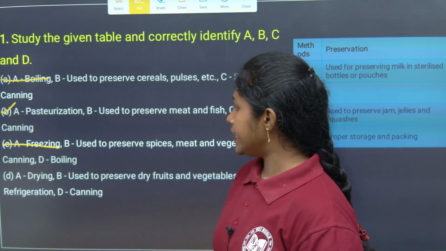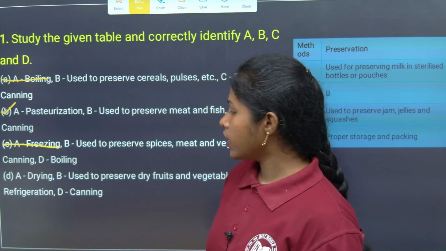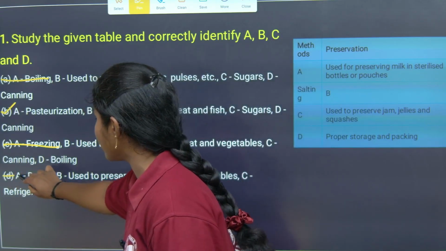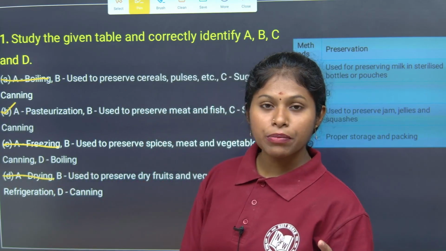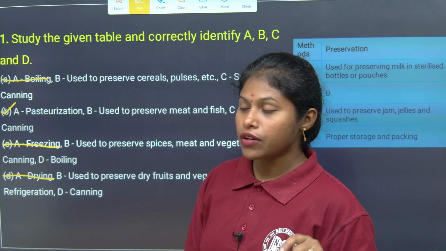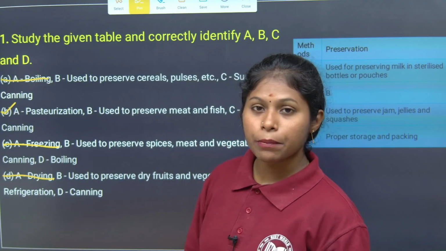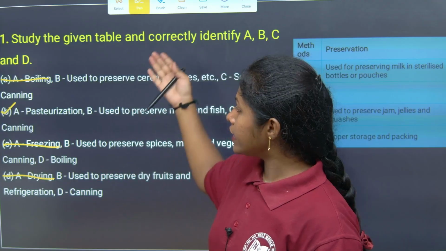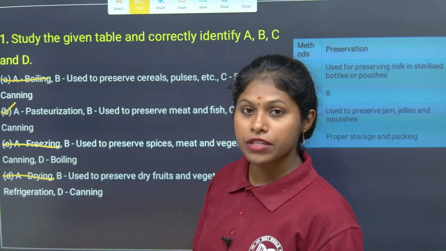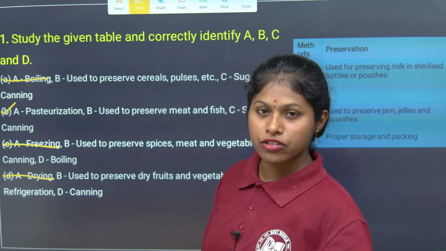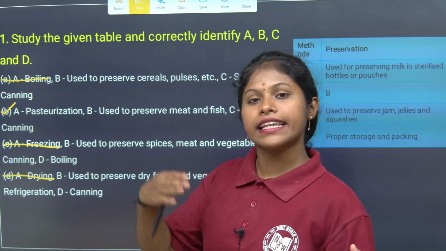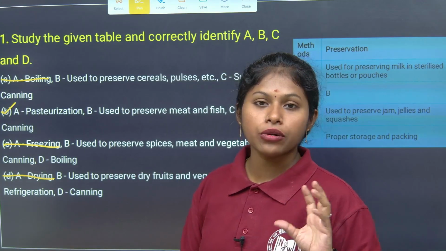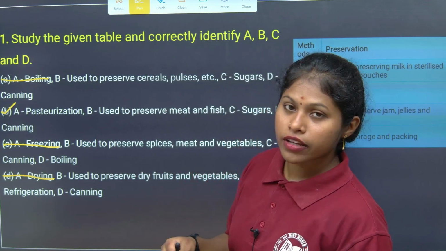Coming to option D, A is given as drying, it is also a wrong option. By simply analyzing one correct answer, children, we can eliminate options. But sometimes they give all options with A as pasteurization, then we have to check the next option. This is how we have to eliminate the given options smartly.